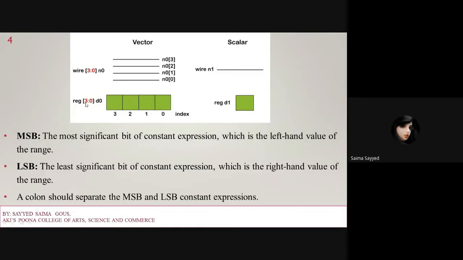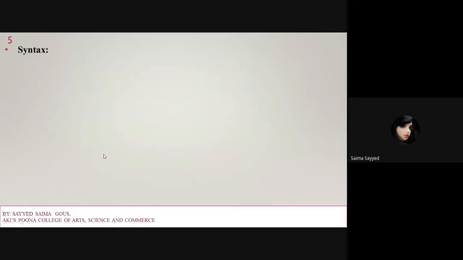Next, there should be a colon between MSB and LSB to separate them. So this is the way of defining vectors. The range is always given with the MSB at the left side and the LSB at the right side, with a colon between MSB and LSB.